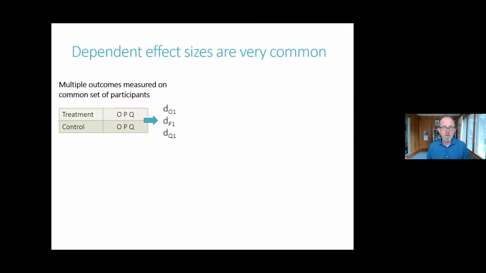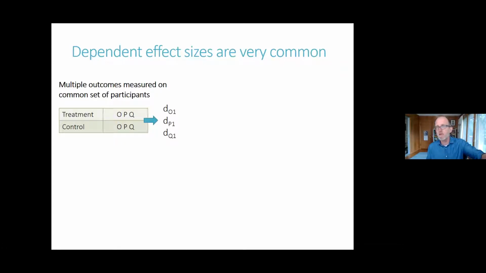This can occur for a number of reasons. One common one is that you may have effect size estimates for multiple outcomes measured on a common set of participants. So instead of, say, an experimental study measuring only a single primary outcome, it measures 2 or 3 outcomes, all of which are within the scope of your review.